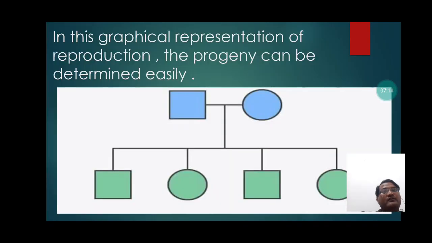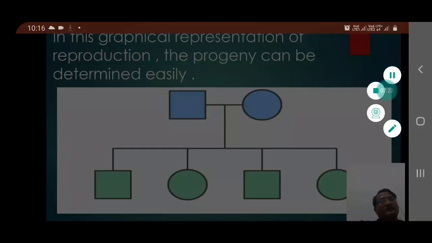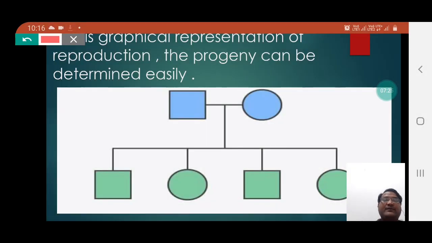In this graphical representation of reproduction, the progeny can be determined easily. So students, with the concept we have learned in this slide, we will be able to find out what exactly this pedigree analysis is explaining.